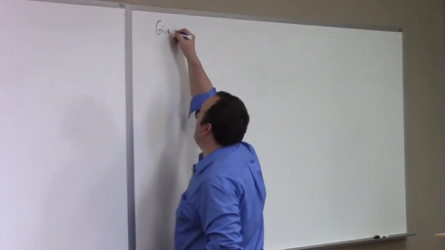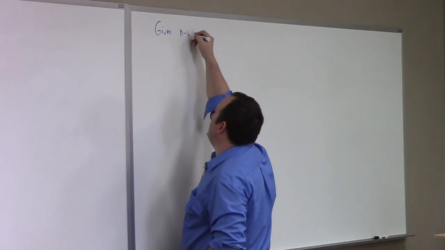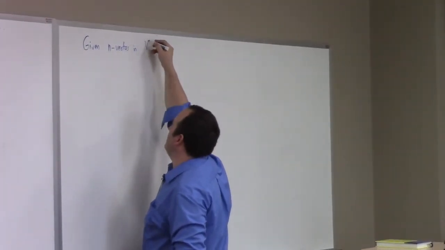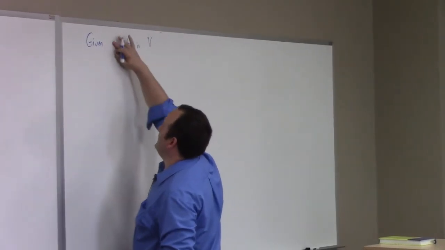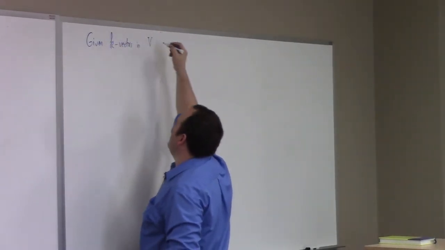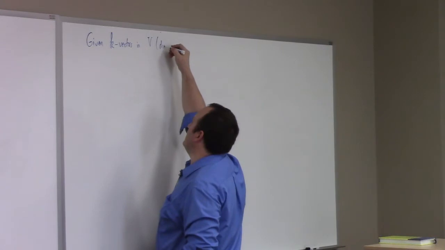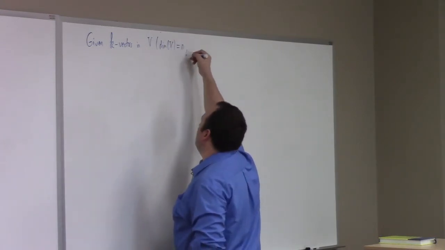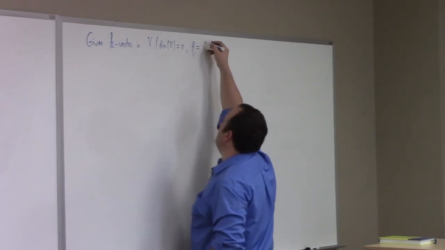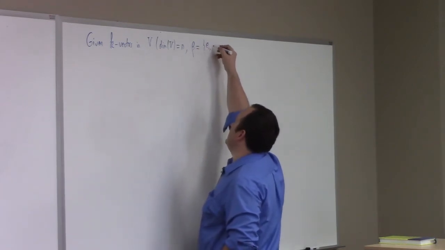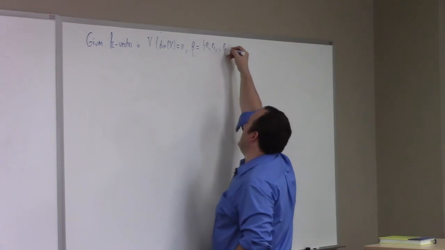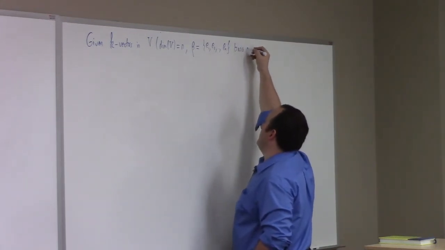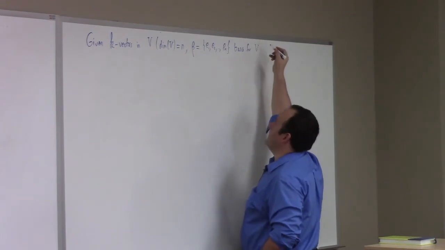All right, so question. Given, say, k vectors in V, dimension of V equals n, and let's say that beta equals e1, e2, ..., en is a basis for V, all right?